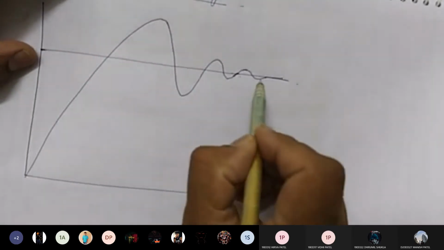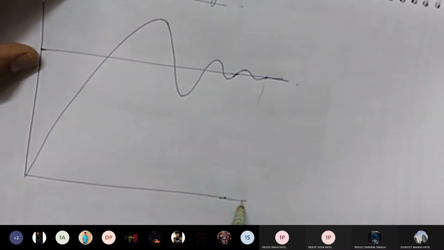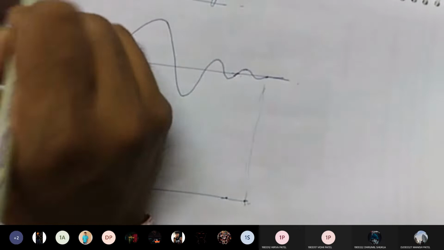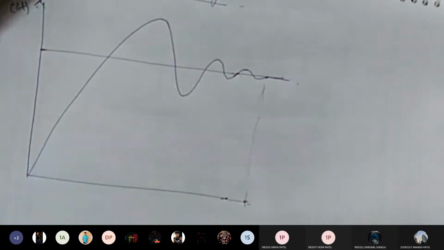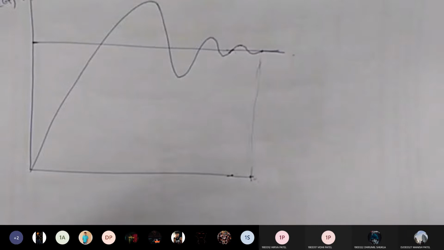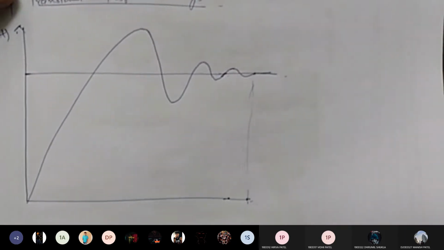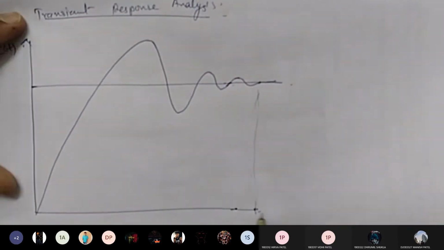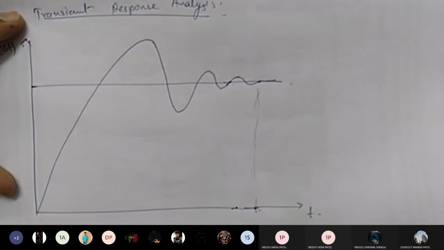Now at this time your steady state is reached. At this time the steady state is nothing but your C(t). Let me adjust the camera. It is nothing but C(t) with respect to t.